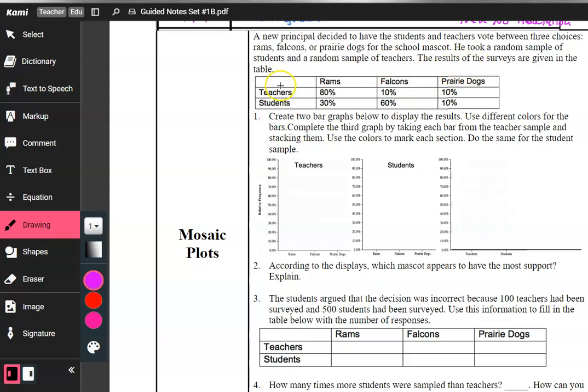The results were given in this table. So here you see that for the rams, 80% of teachers chose ram, while 30% of students chose the ram. You should know that if you add all these up, they should equal 100% of the teachers voting. 30, 60, that's 90, plus 10%. That's 100%.